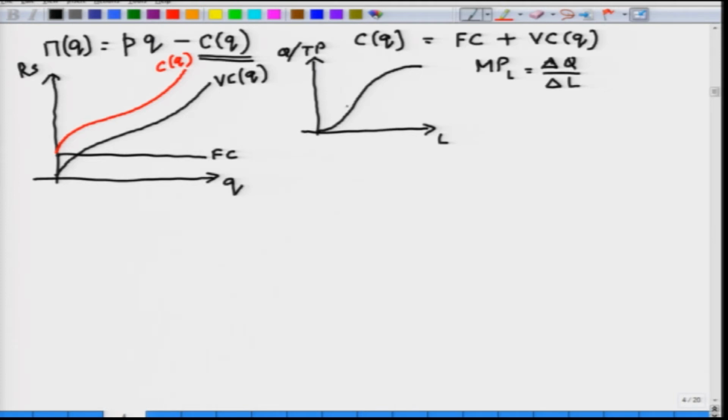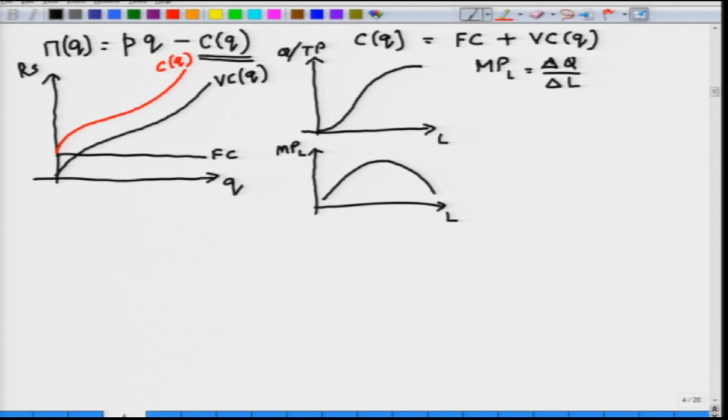Essentially if I were to draw tangents at various points to the total product curve, I would get the marginal product of labor. And this marginal product of labor curve would look something like this. This is the marginal product of labor curve.